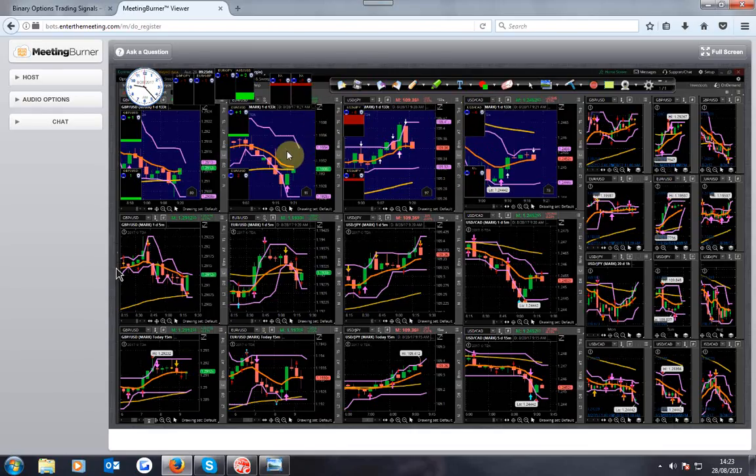The X is red. See now on the UJ, because we haven't got a 15 minute down signal, and we've virtually touched the orange MA here, I would be looking now for some reason to take this up.